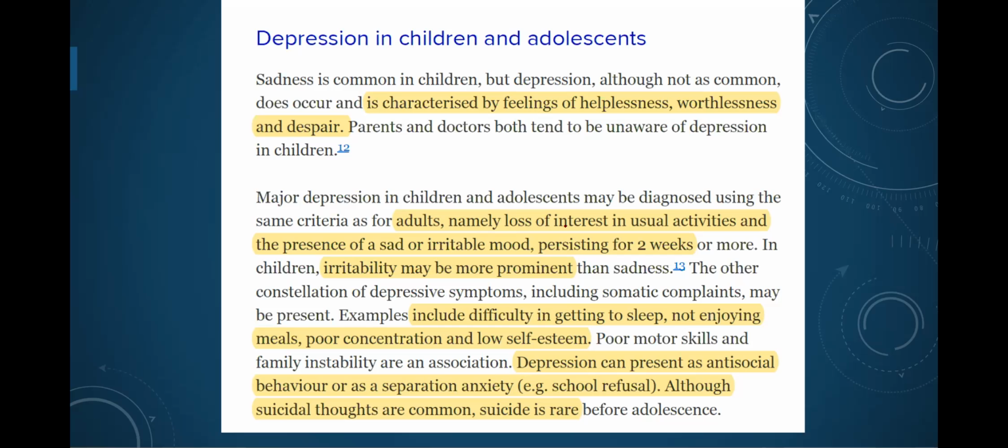Now the question is, if you want to give a medication to an adolescent for depression, what is the best medication for that?